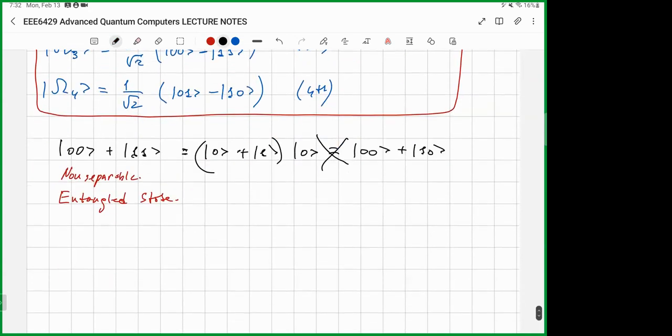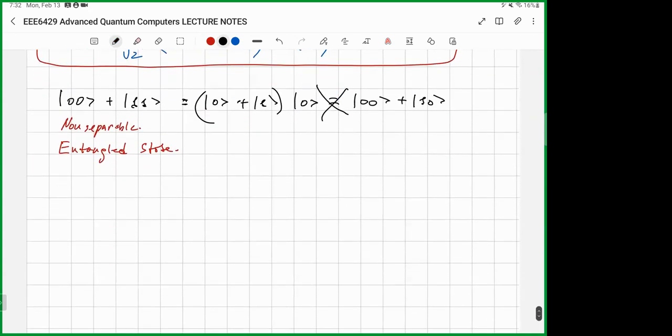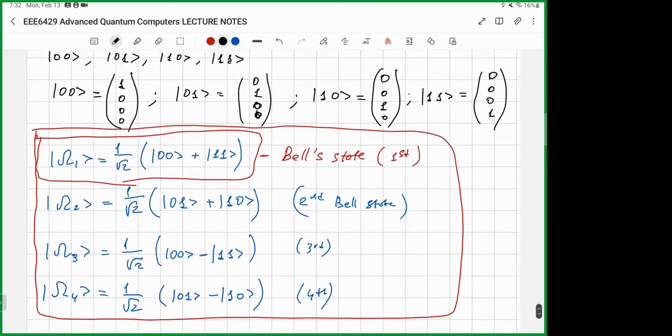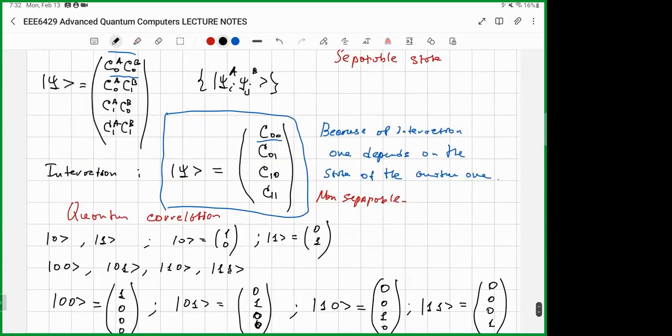You might say, oh, let's take another example. Let's assume that the other coefficients, C00 and C10, are equal to 0.